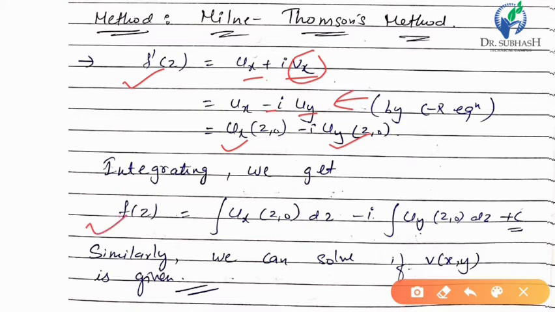Similarly, if we are given v(x,y) as a function, then we need to convert this ux in terms of v. So again by CR equation, ux equal to vy. So I will just replace this ux by vy and we will proceed in a similar way.